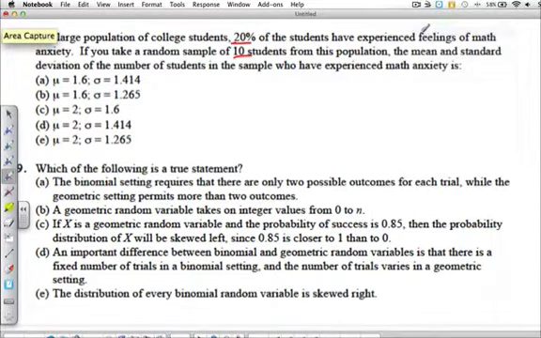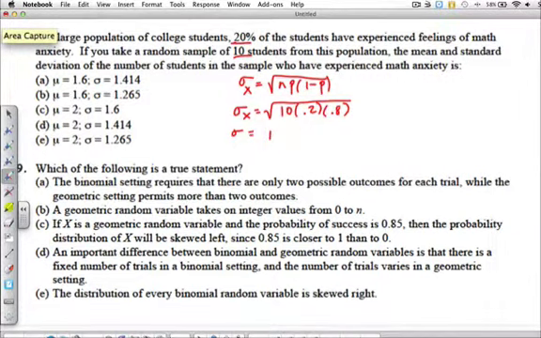Okay, so let's recall that the formula for the standard deviation of a binomial random variable is equal to the number of trials times the probability of success times 1 minus the probability of success, or the probability of failure. So in this case, that would be 10 times 0.2 times 0.8, or 10 times 0.16, or 1.6 for the standard deviation.